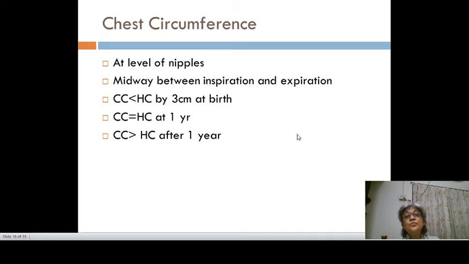When do these two measures become equal? By 1 year of age. If by 1 year of age chest circumference is still less than the head circumference, that is an indication of malnutrition. Another possibility, of course, is huge hydrocephalus, but that is rare.